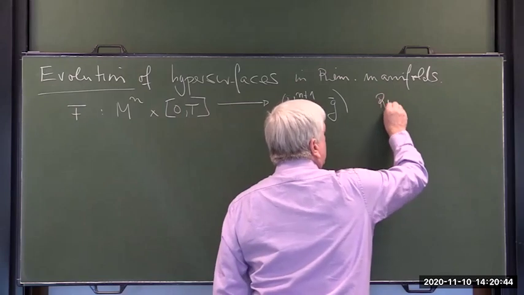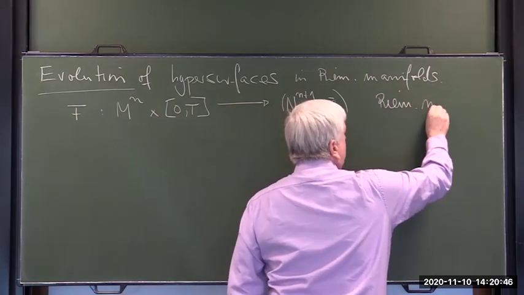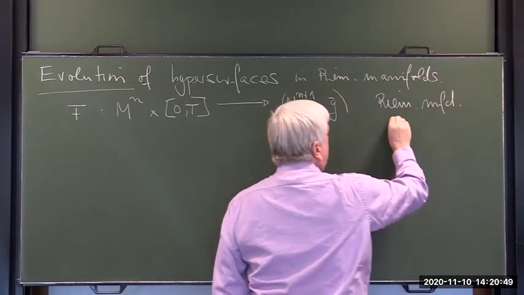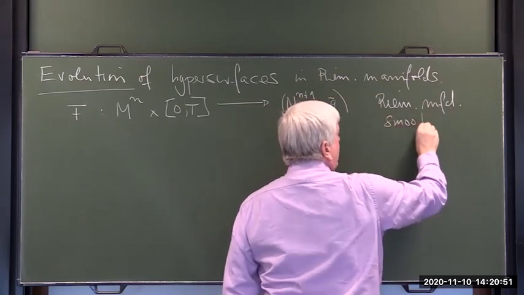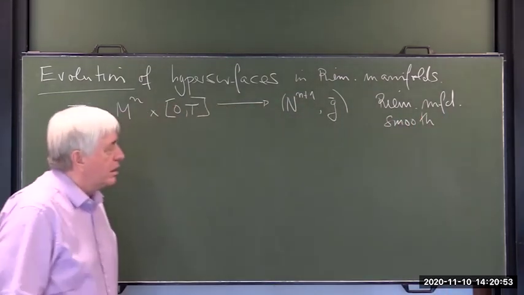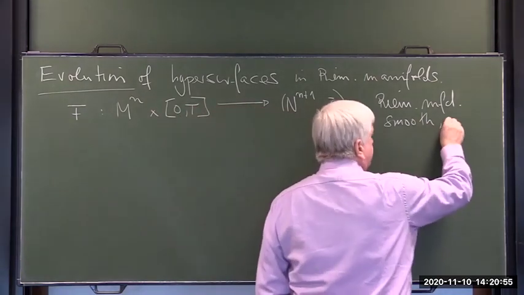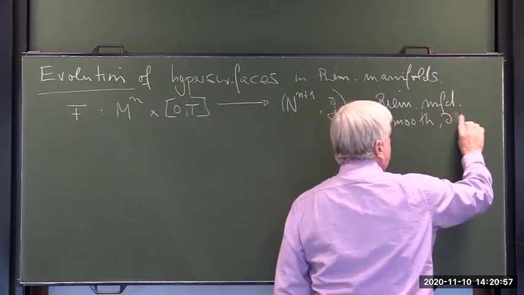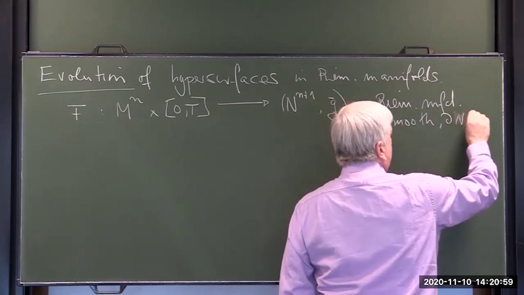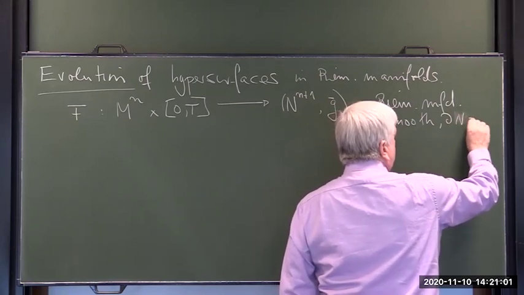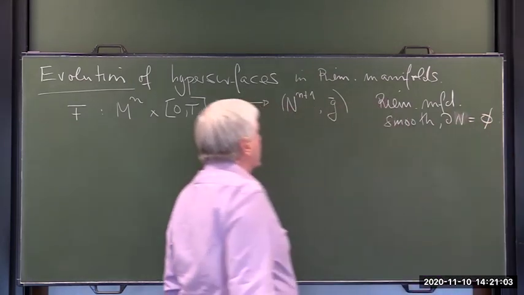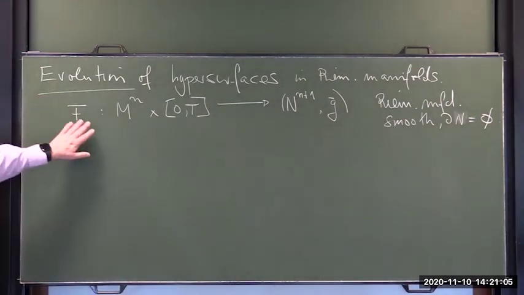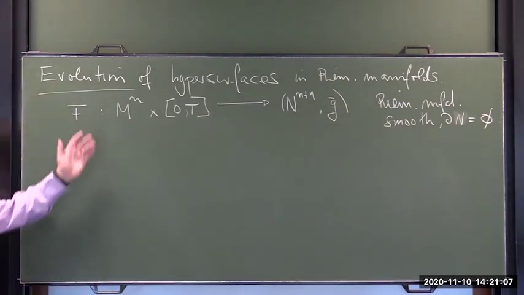So this is the Riemannian manifold, smooth and no boundary, say. And similarly, assume this has no boundary and is smooth.